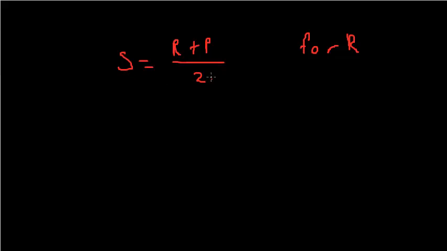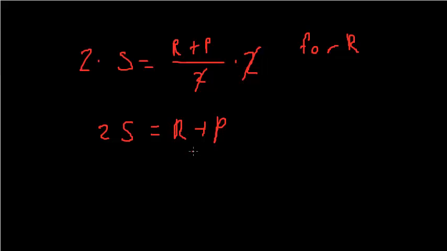So the first thing I'm going to do is get rid of this fraction. I can get rid of fractions in an equation by multiplying both sides of the equation by the common denominator, in this case 2. So if I multiply both sides by 2, here I have 2s, and on this side the 2's will cancel out, leaving me just with r plus p.